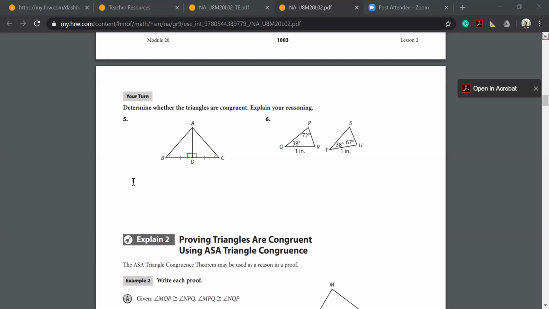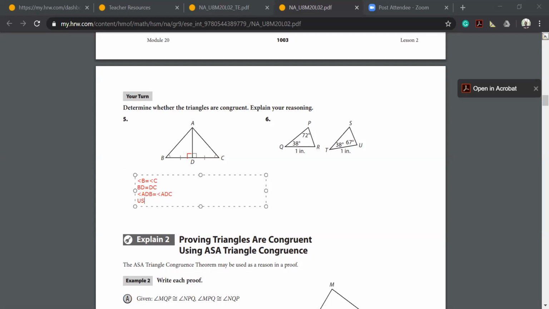So we are going to write here, angle B is equal to angle C. And then side BD is equal to side DC. And then angle ADB is equal to angle ADC.